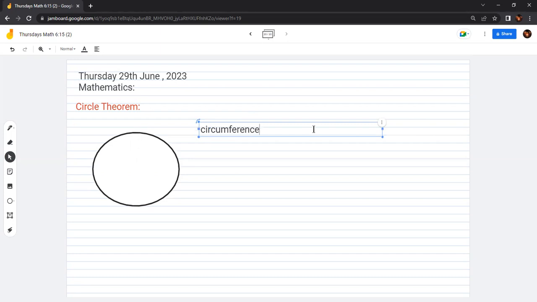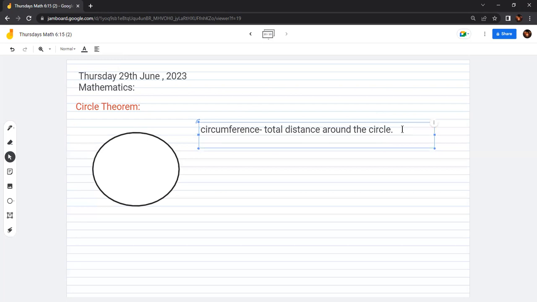Right, so you have the circumference, which is the total distance around the circle.